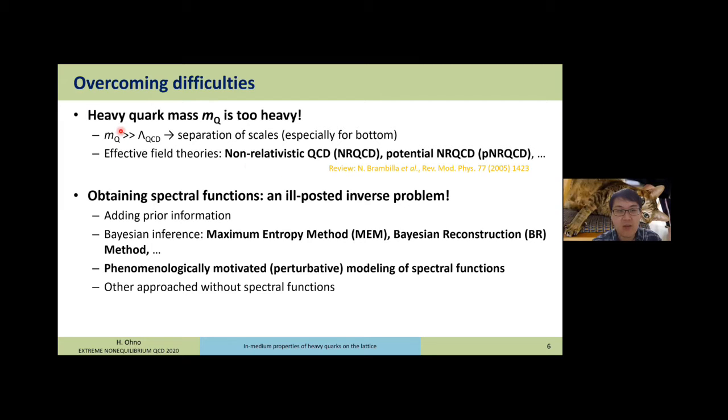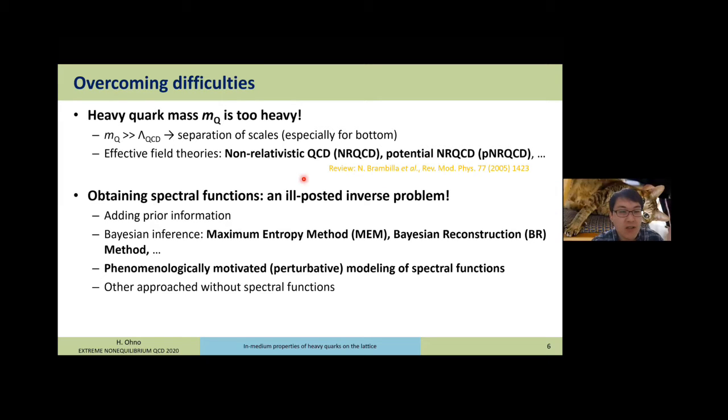Because the heavy quark mass is very heavy compared to the typical QCD scale, there should be some separation of scales, and one can do an effective field theory like this.